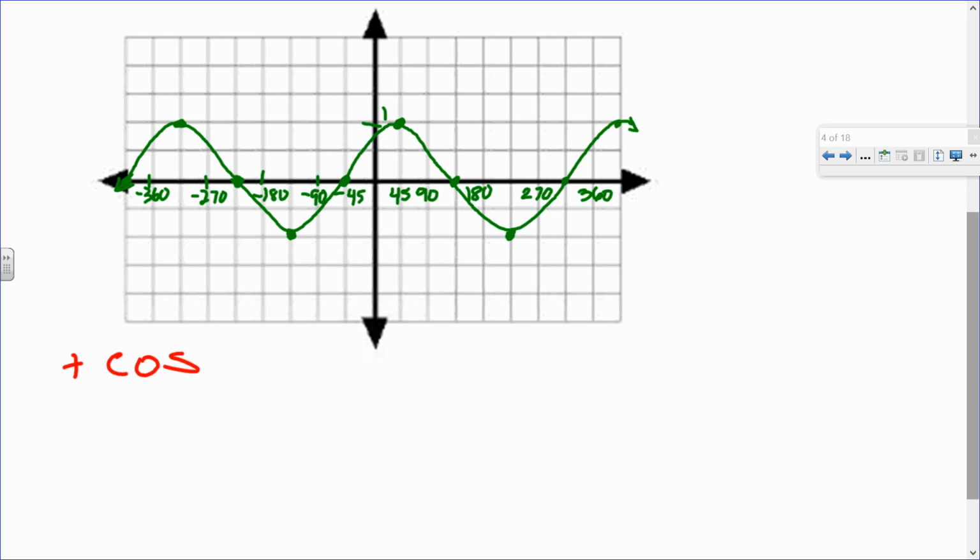So to figure out a phase angle for a plus cosine graph, since the normal starting point is a max, we want to find the closest max to the y-axis. How many degrees is that? Ian? It is at positive 45, so the phase angle is positive 45 degrees.